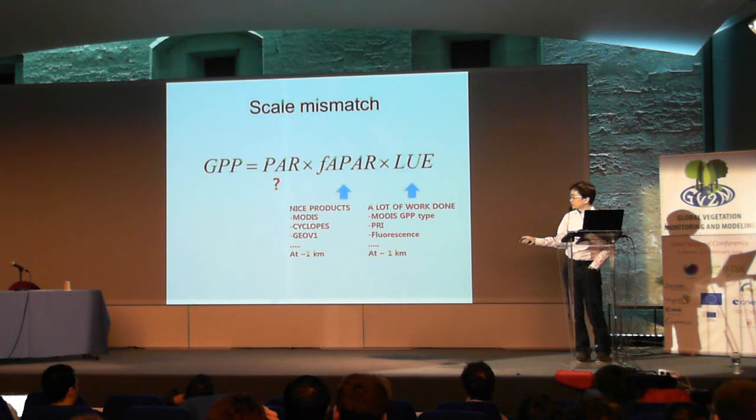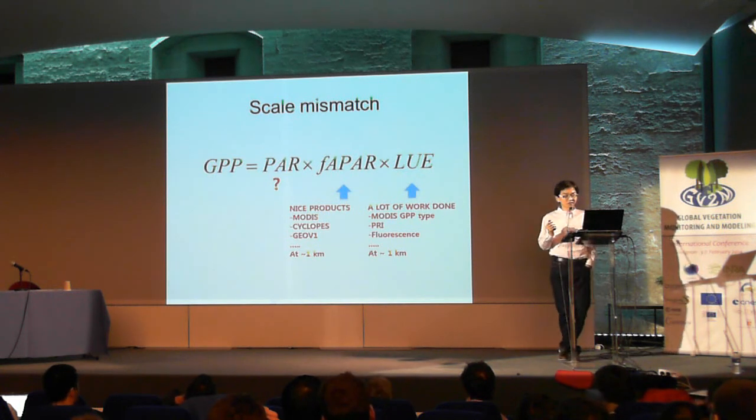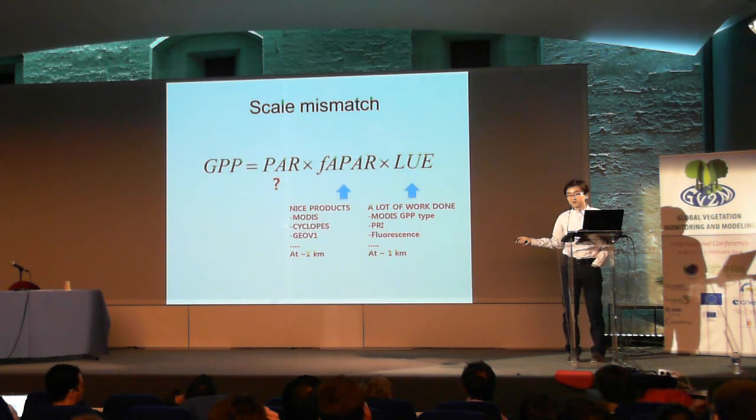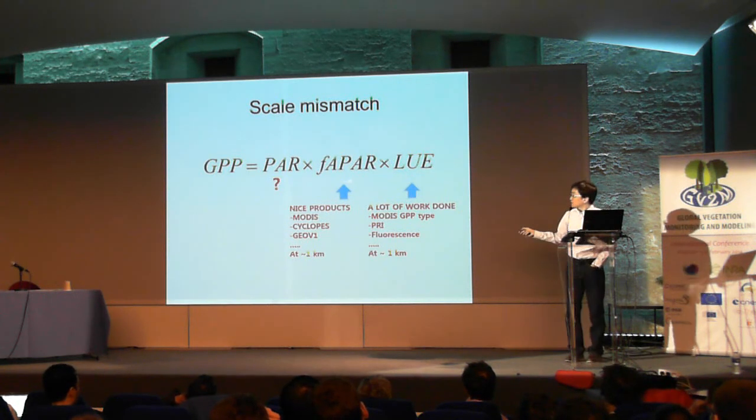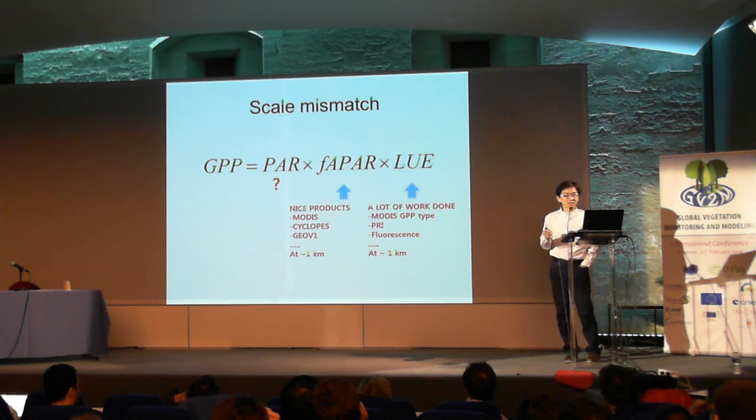For FAPAR, there are a series of nice products like MODIS or CYCLOPES or GEOV1 or SPOT vegetation. So FAPAR can also be retrieved at 1 km at global scale. But what happens with PAR?